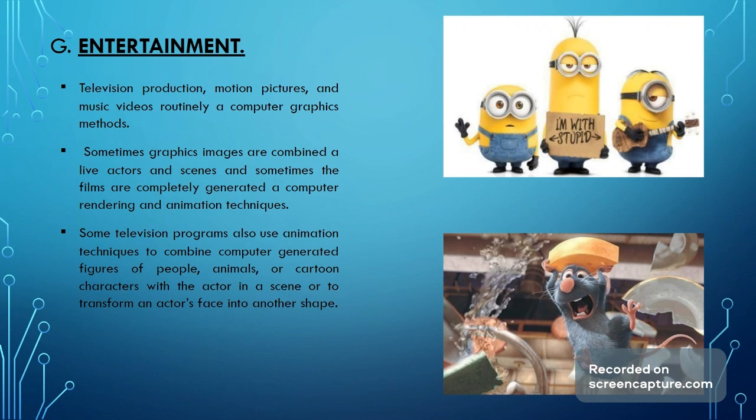Some television programs also use animation techniques to combine computer-generated figures of people, animals, or cartoon characters with the actor in a scene, or to transform an actor's face into another shape. By the use of this application, we can transform a person into an animal or an animal into any character to make animation films or cartoon films.